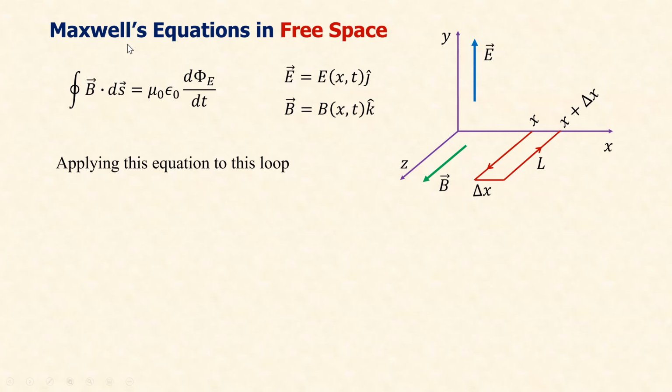First, we want to see the integral of B dot ds around this loop. So B is this way, could be the other way, but usually in the Z direction.